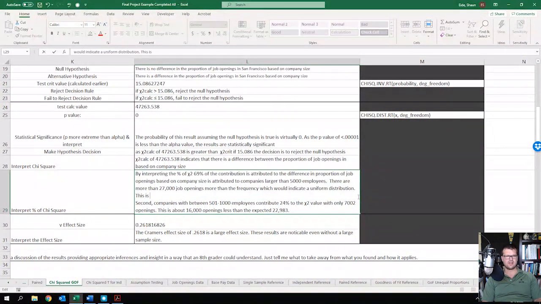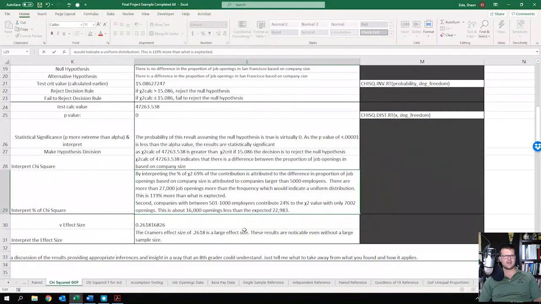And you can say this is 119% more than what is expected. Second, companies between 501 and 1,000 employees contribute 24% to the chi-squared value, with only 7,002 openings.